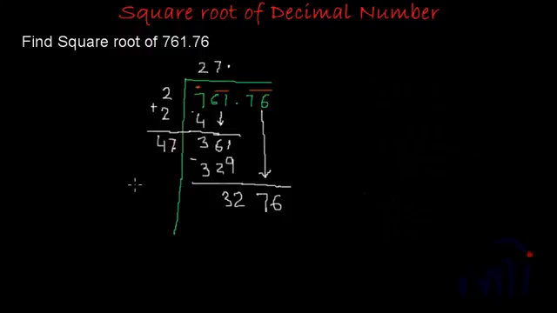And in the case of the divisor, I have to add 7. 7 plus 7 is 14. 1 carried forward. 1 plus 4 is 5, and I am leaving this place for the next digit in the divisor.